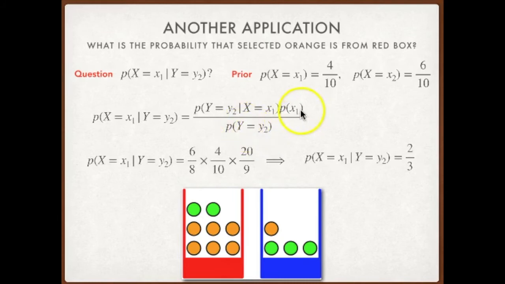Now these quantities p of x1 and p of y equals y2 are either known or previously computed. So we can just plug in those values here to come up with probability of x equals x1 given y equals y2 equals 2 by 3. So you should do this exercise yourself and try to reproduce these results.